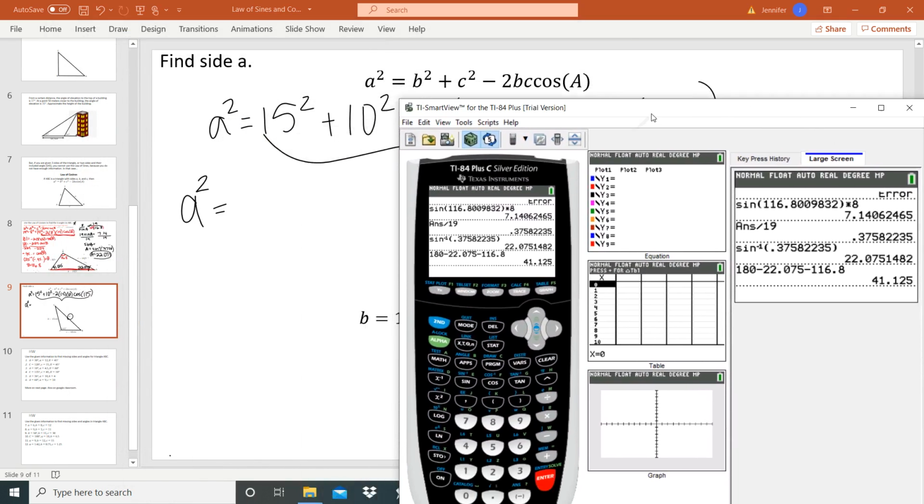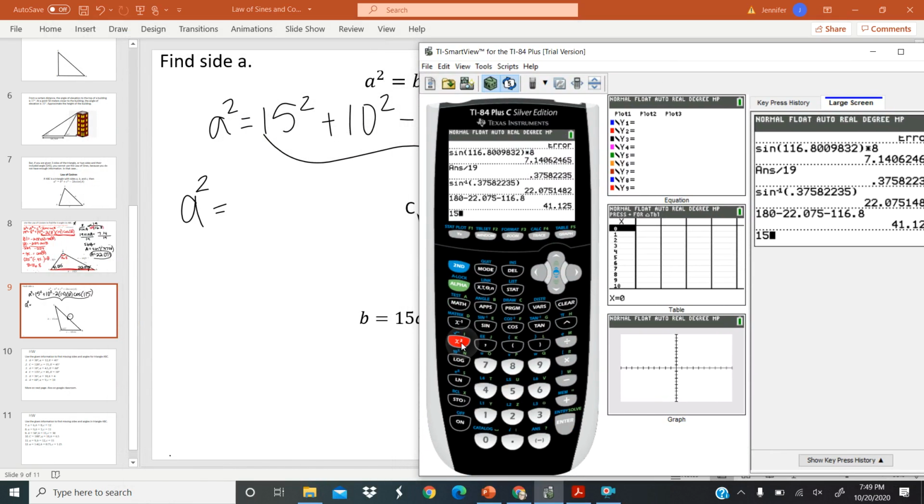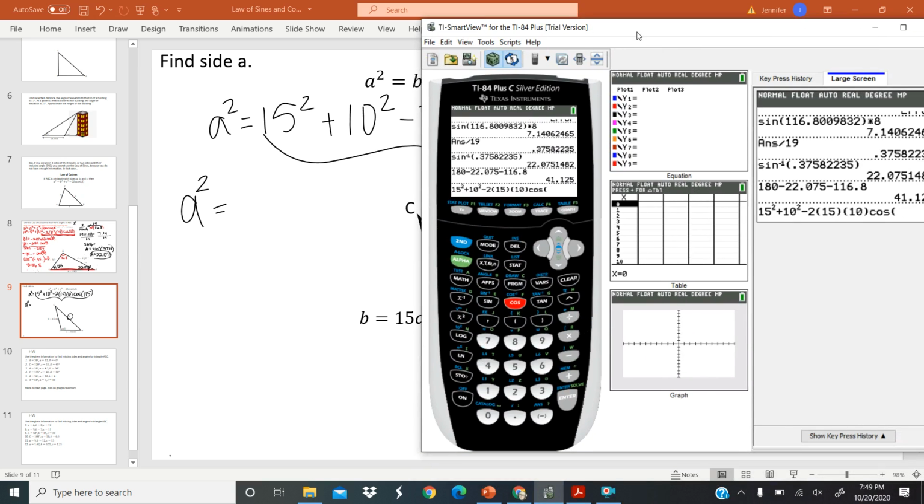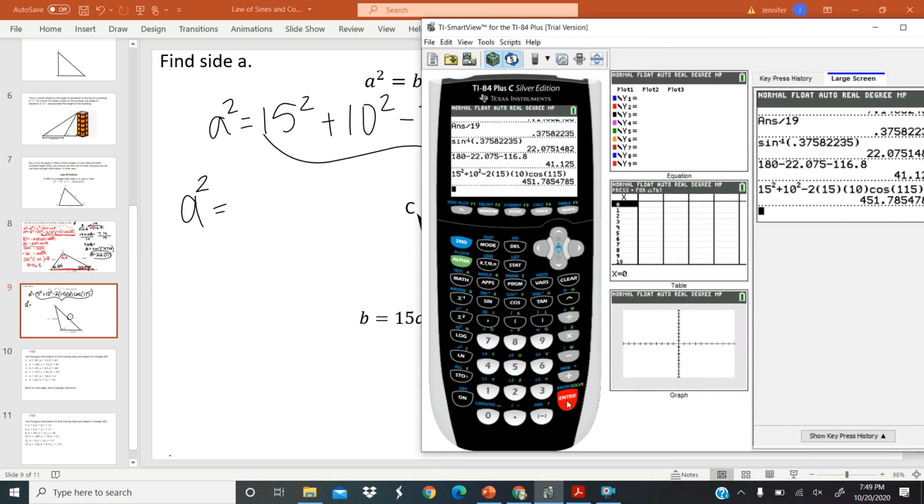So I'm going to go ahead and calculate what that whole thing is. So I have 15 squared plus 10 squared minus 2 times 15 times 10 times the cosine of angle A, which is 115. And I'm going to hit enter, and I get 451.785.